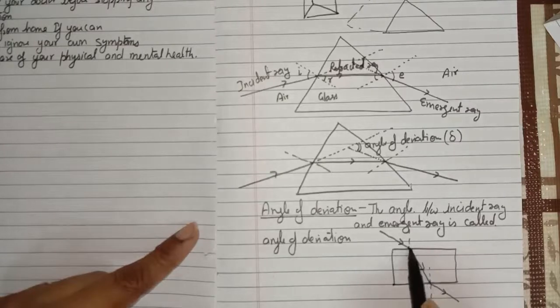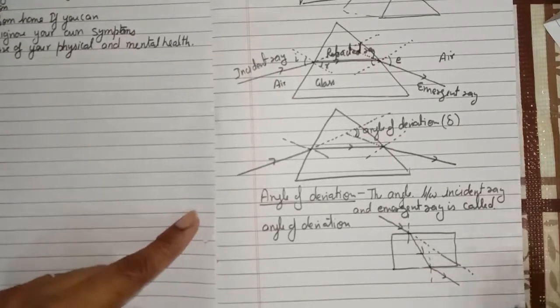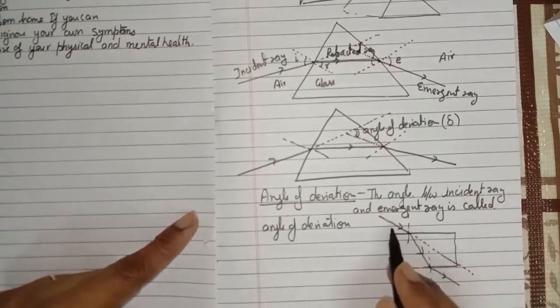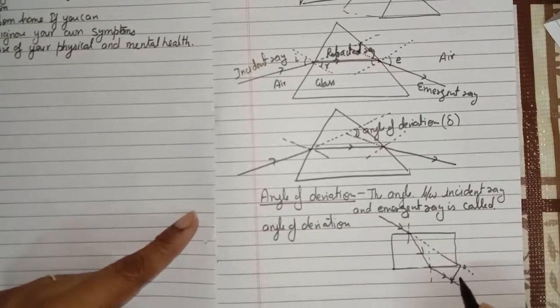So actually the light which is coming on this path is deviated like this. Here the emergent ray and the incident ray are parallel to each other, and the distance between them is called the lateral displacement. And why are the light rays parallel to each other? Because in the glass slab the opposite faces are parallel to each other.